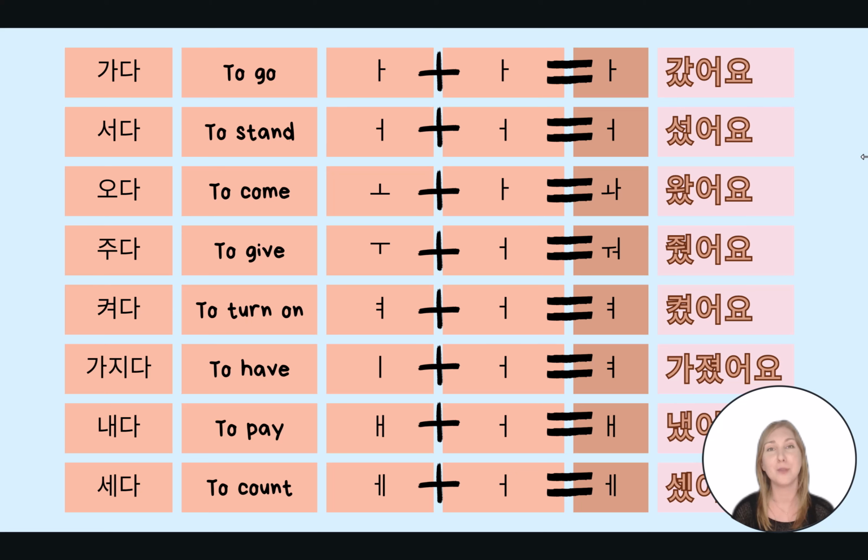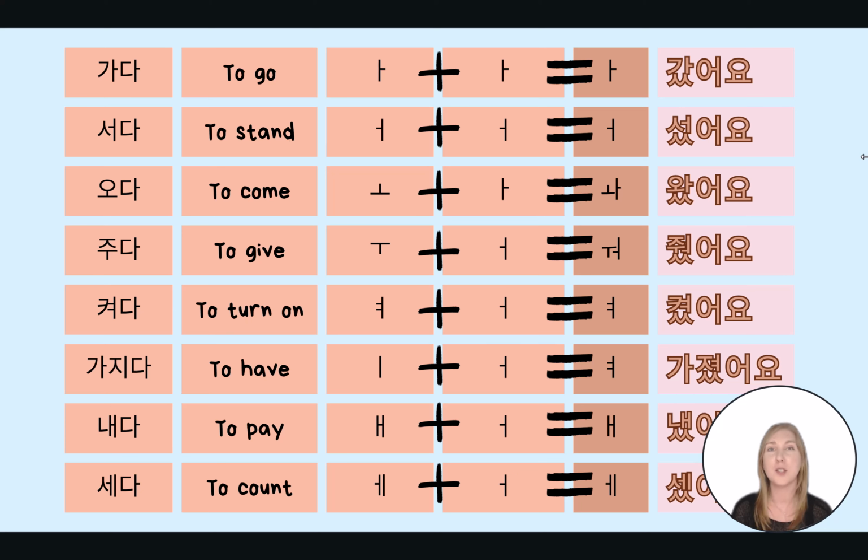Next up, we have 주다, to give. 주 is our verb stem, ends in u, so it's the second rule. So we're adding 었어요, and when u and eo combine, they combine into the complex vowel wo, so it becomes 줬어요, right? 왔어요, 줬어요. So instead of saying 주었어요, 줬어요.